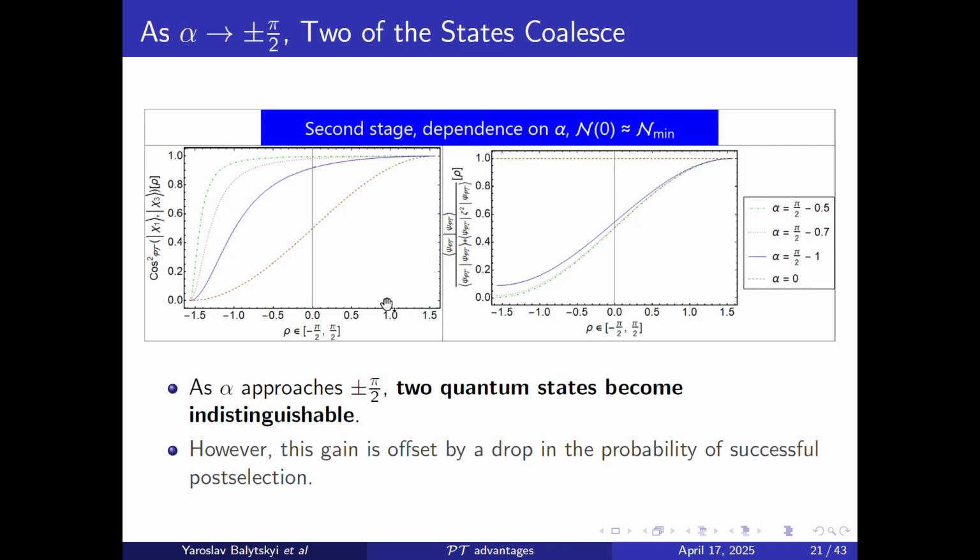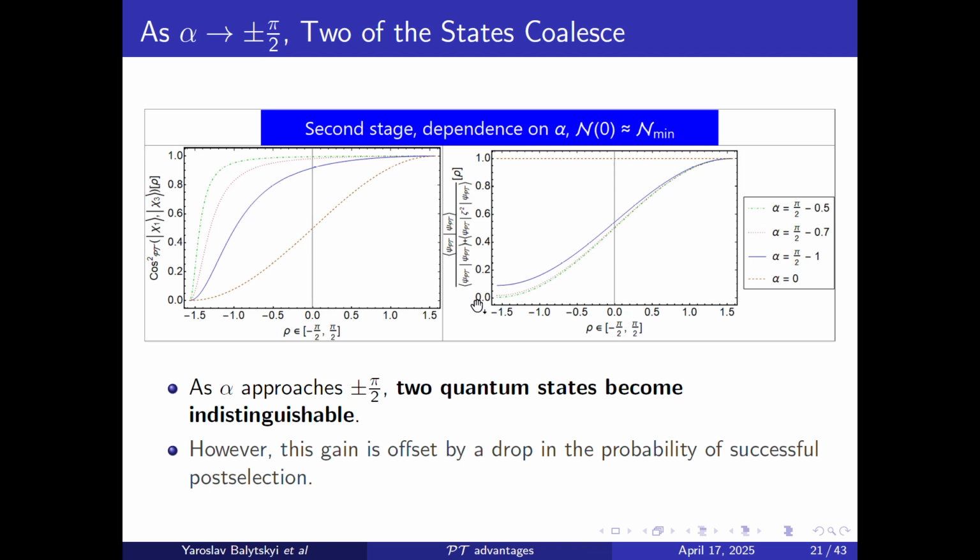And you can see here what happens as alpha goes higher, as alpha approaches pi over 2. You can see that cosine squared just flattens out, it becomes almost 1. And on the other hand, you can see that this gain in state distinguishability is counterbalanced by the decisive outcome.